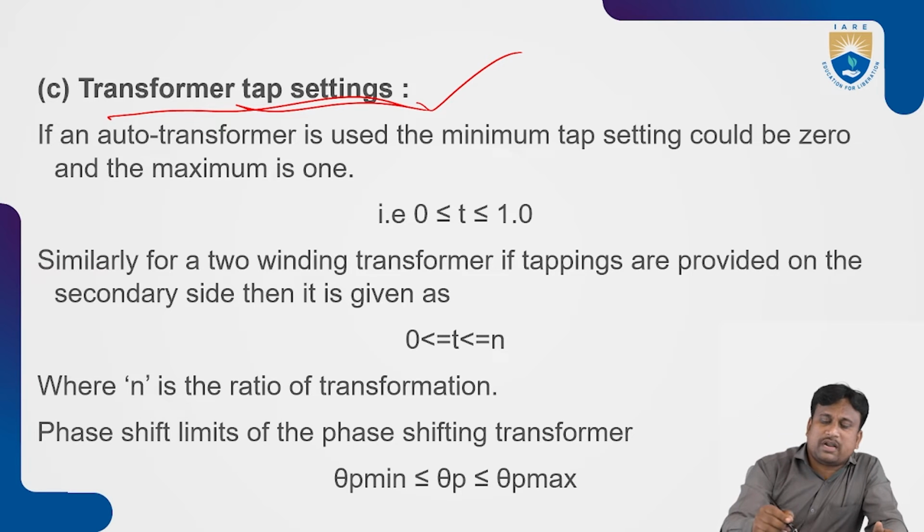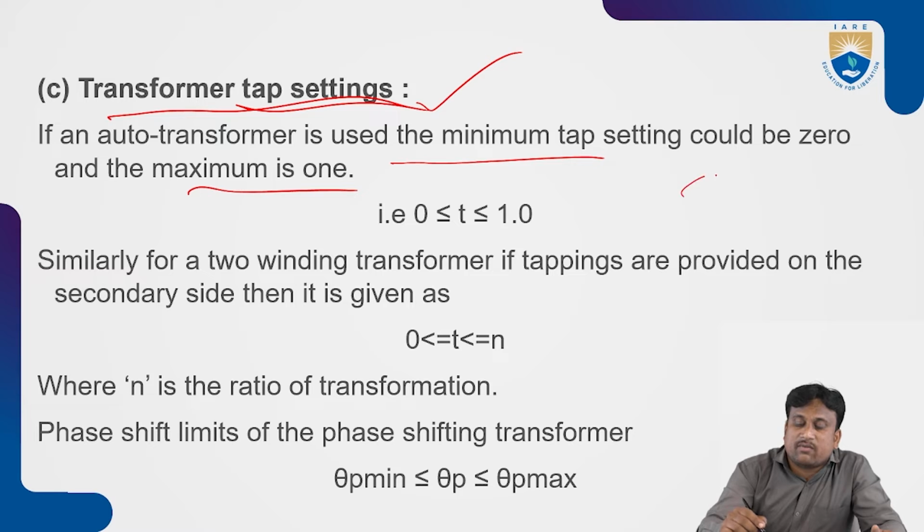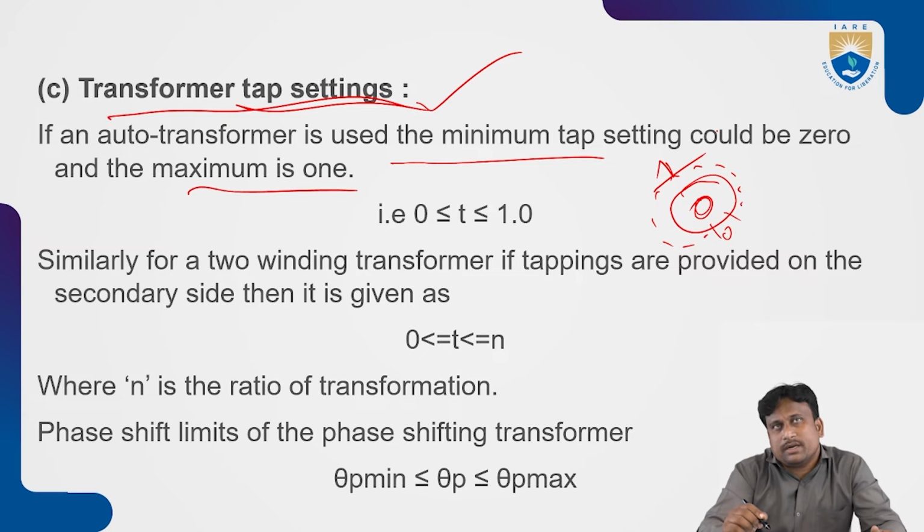If an auto transformer is used, the minimum tap setting could be 0 and the maximum is 1. We can set our required value with this variable, from 0 onwards, we can adjust our value.